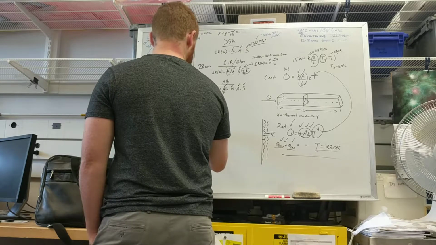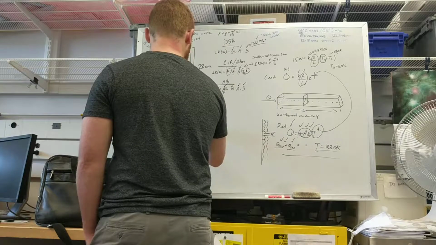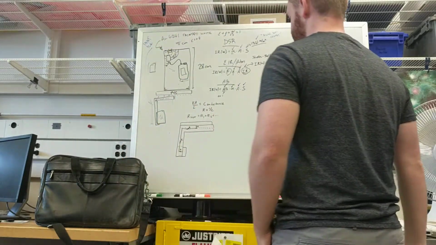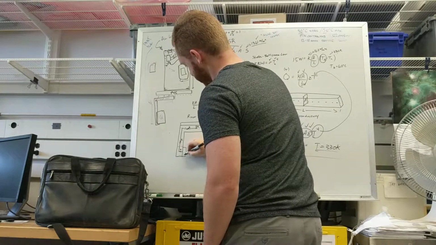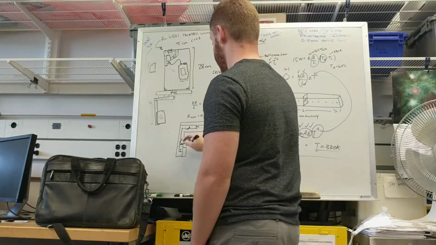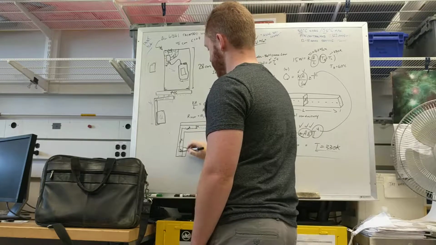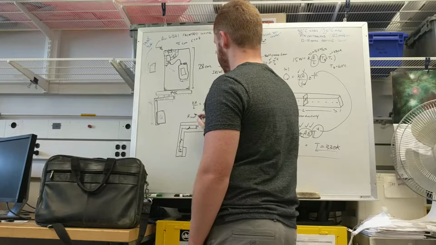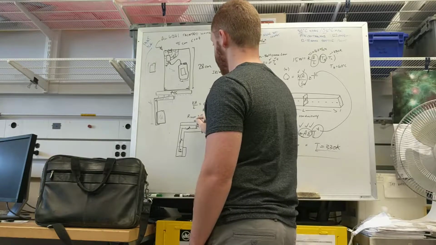And then for this, you would end up dealing with this whole thing as your A, because the whole thing is in contact. So this little piece would be your A, and this whole thing up here would be your A. If you really wanted to take all that into account, you have a series of resistors, and you sum all of them together to get your R total.